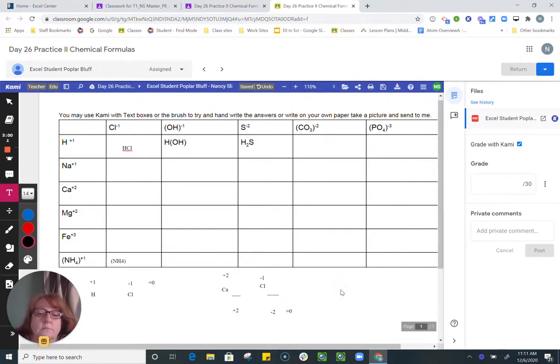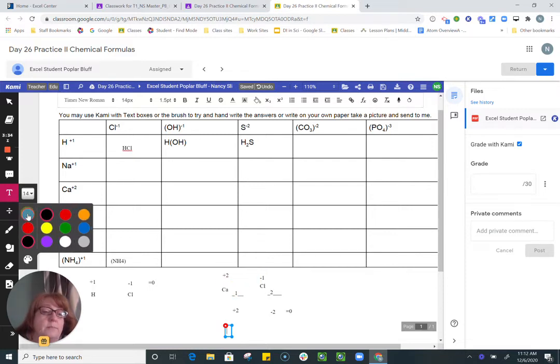So, what number times a plus two would give me a plus two? That would be a one, because one times positive two gives me positive two. What number can I put here to take one times some number equals two? That would be a two. And this part right here is your formula, CaCl2.